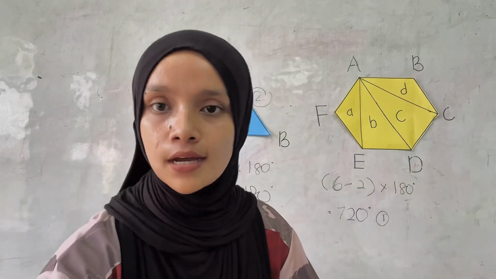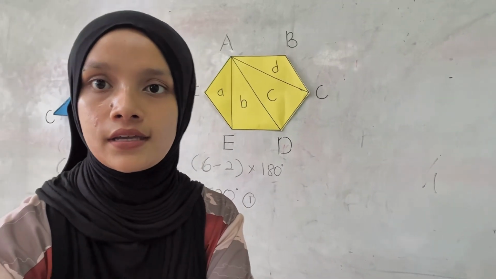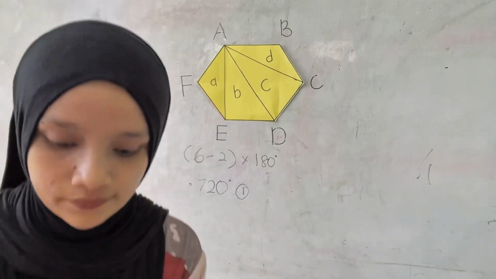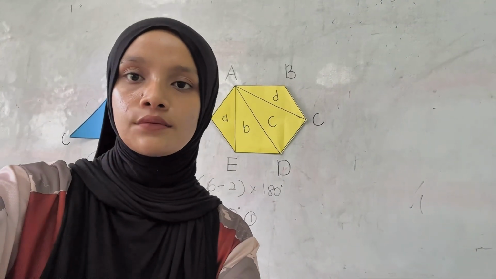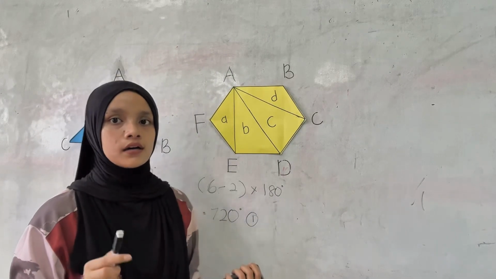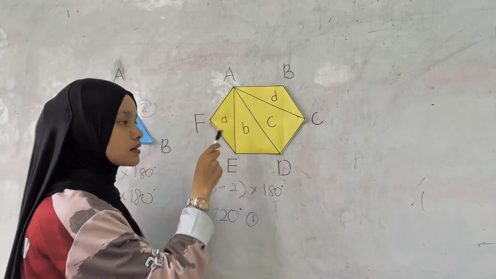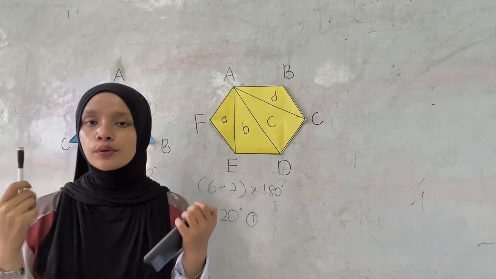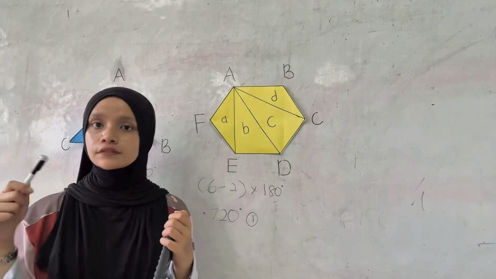So guys, let's come closer. Okay guys, as you can see, we have 4 triangles here. How do we calculate the interior angles of a triangle?